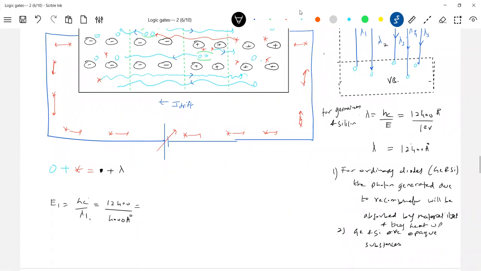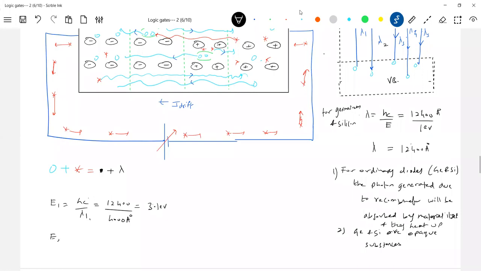Okay, anybody, can you give the value? 3.1. 3.1, no? 3.1 electron volt.